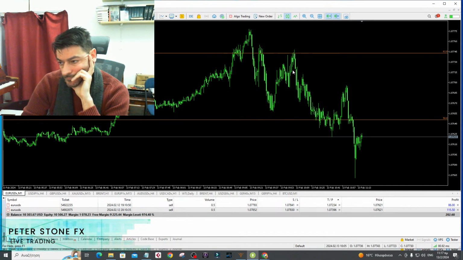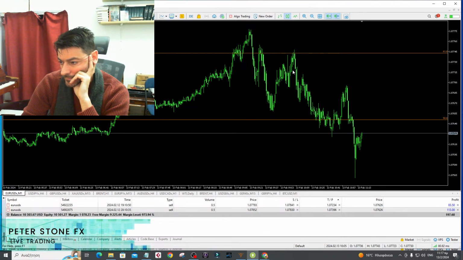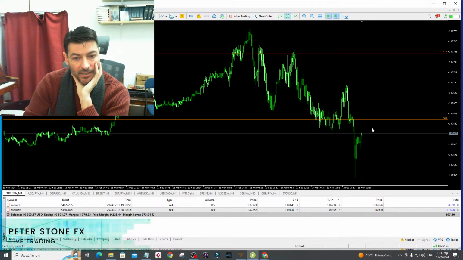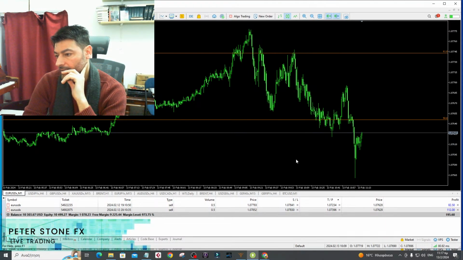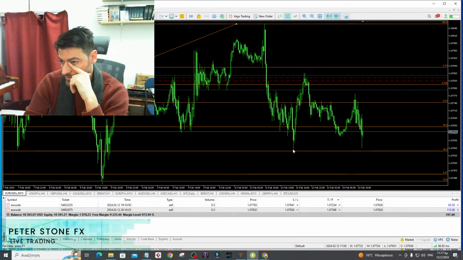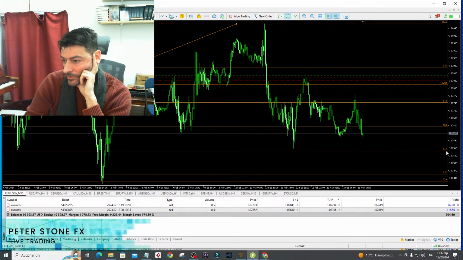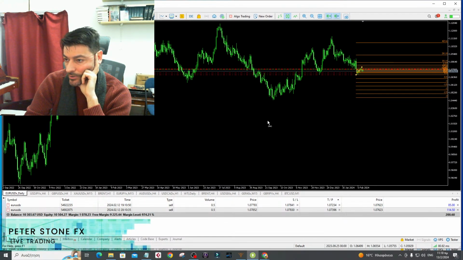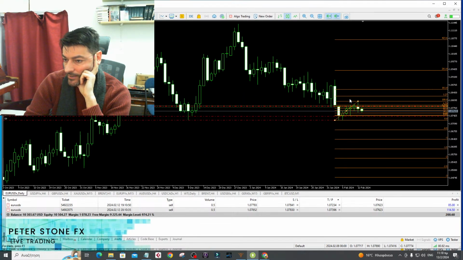Nope, I'm not closing it. I thought about closing it, but I will not, because in the higher time frame we haven't reached this sell side liquidity. We haven't reached the 38.2 level, and we're actually having the daily two equal lows that are very yummy here and here.